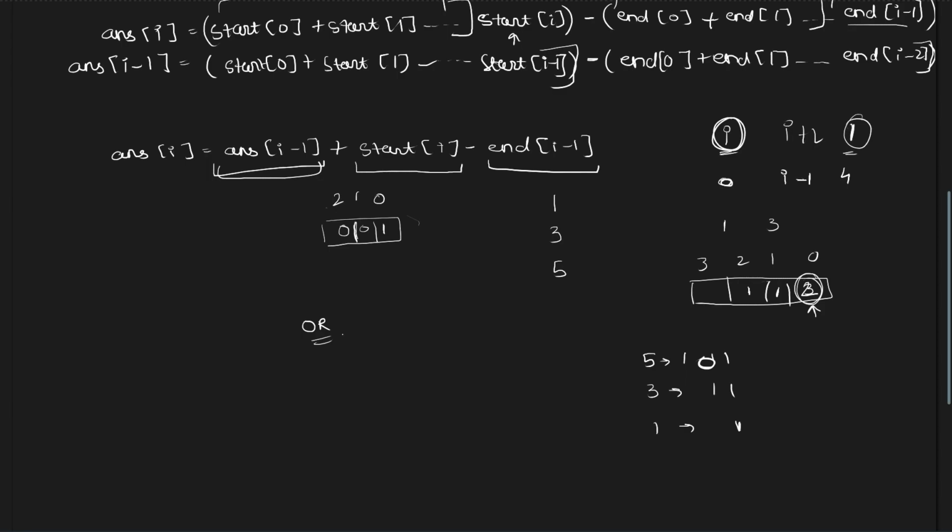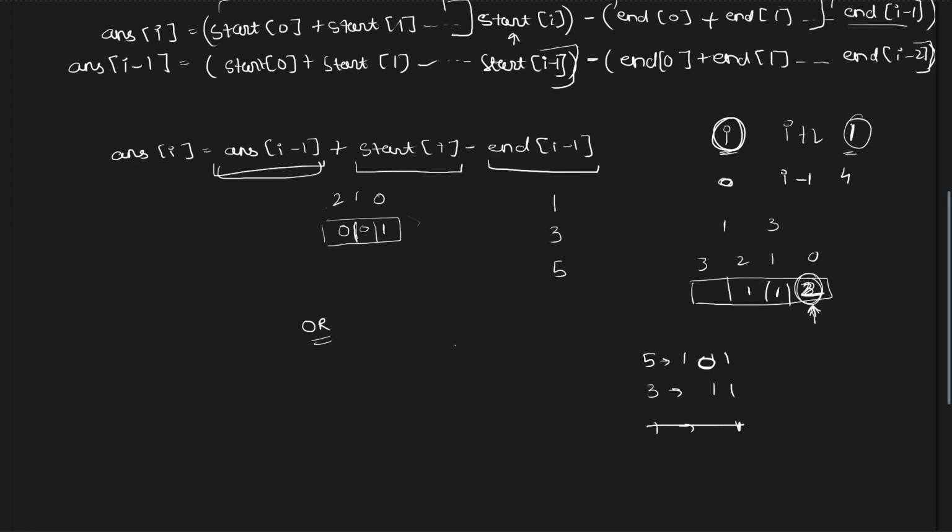That is why I am maintaining the frequency of each of those bits. However, if the question was bitwise AND, I would have just used it like a boolean variable, because even if one of the variables is not set, then the whole answer should be 0 at that particular index. But in this particular case I will have to maintain the frequency, because even if I remove this particular one, the other two would still be contributing and the frequency left here would be equal to 2. So I will have to consider this.